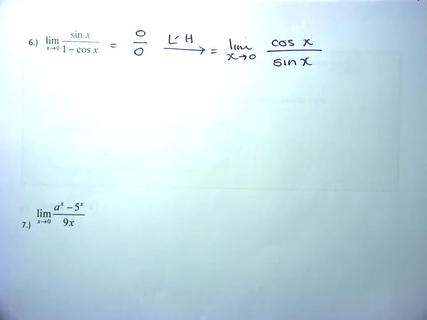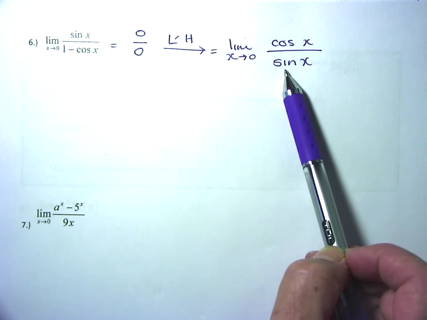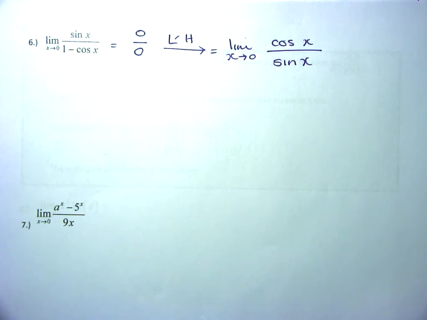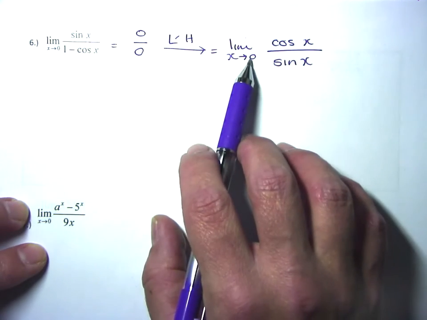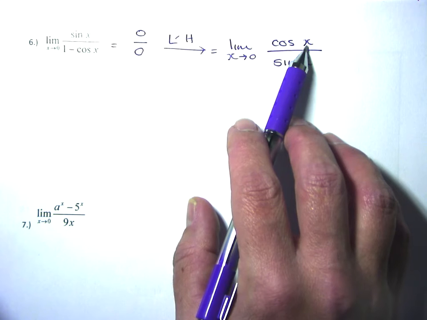So there's more than one way that you can now approach this limit. We know that cosine of x divided by sine of x is equal to cotangent, right? So you can either express it as cotangent and take the limit again, or you can try to take the limit at this point. If we take the limit right here, can I plug 0 in for x? Cosine evaluated at 0 is equal to 1.